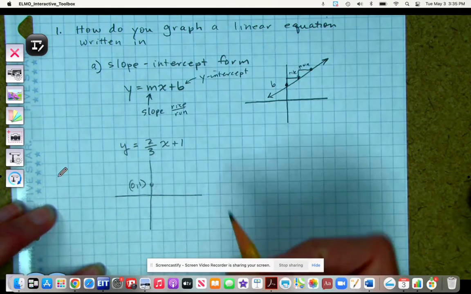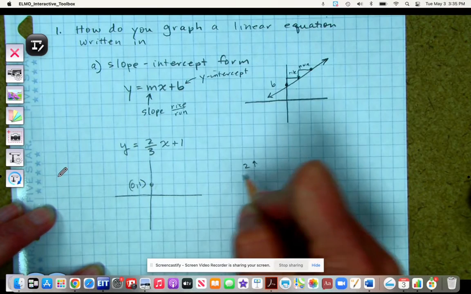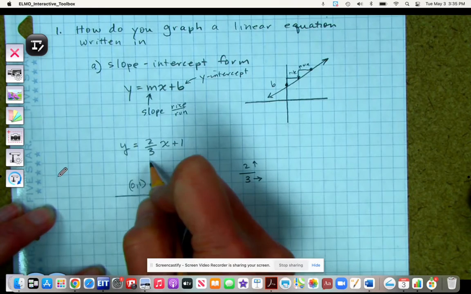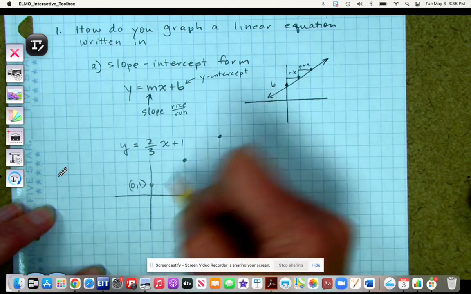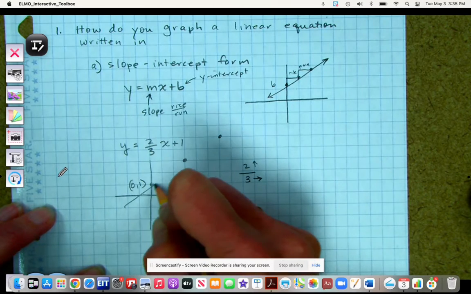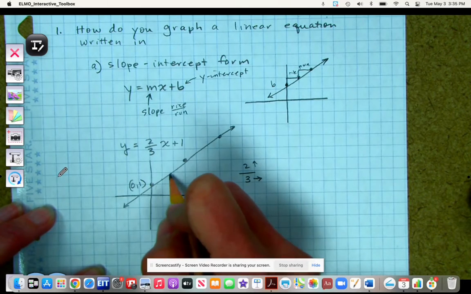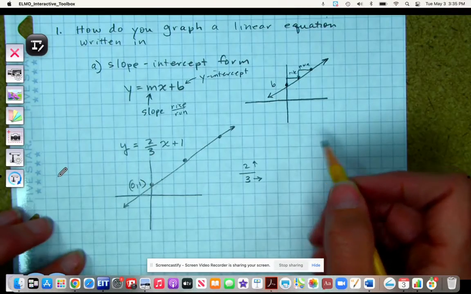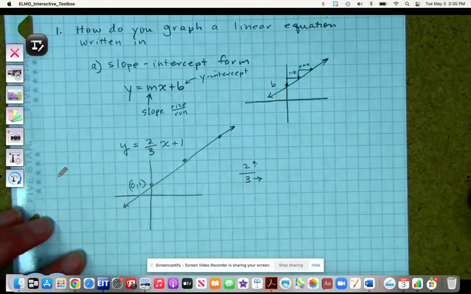Then I'm going to rise 2, so 2 is my rise and 3 is my run. From that point, if I go 2 units up and then 3 to the right, that will give me that unit rate of having my line increase by 2/3 each time. So I have to go over 3 until I increase a full 2, but my individual unit rate is it's going up by 2/3.